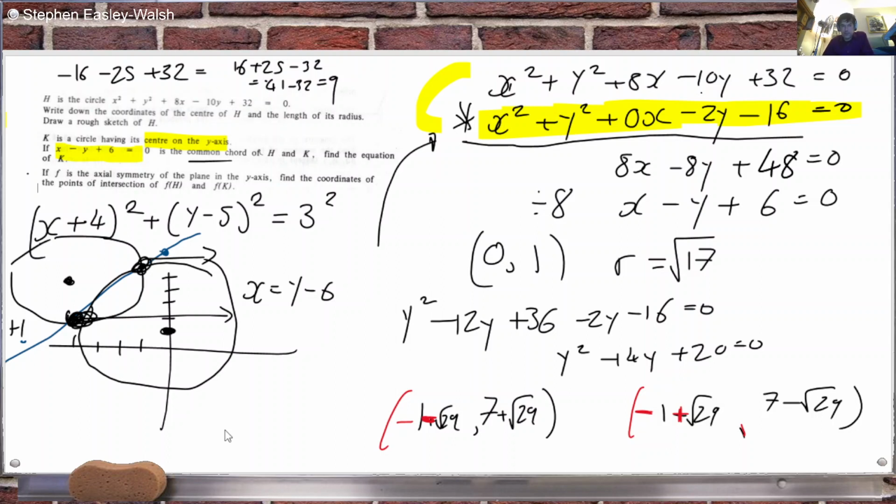Let's check. Oh, yes, actually, I just didn't sub in the correct x. Sorry, let's try that again. Originally it was 1 plus root 29 squared plus y, which is 7 plus root 29 squared. Does that equal 9? No, it doesn't equal 9. It's way too big. So there's something gone wrong here.